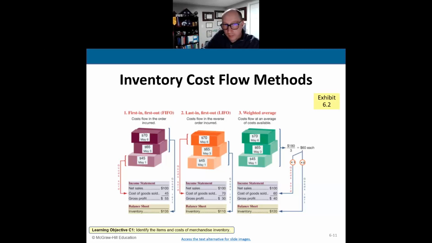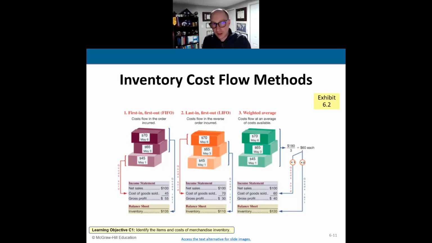The last one of this is called weighted average. Again, the idea of the word average means average. We distribute the weight across all the purchases evenly. The cost is distributed evenly. So the way weighted average works is I add up the cost of all my purchases, and I divide by the number of purchases.